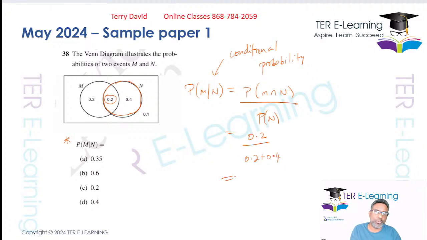So this is going to be 0.2 divided by 0.6. Am I doing this correctly? 0.2, yeah. And I'm getting 0.33 here.